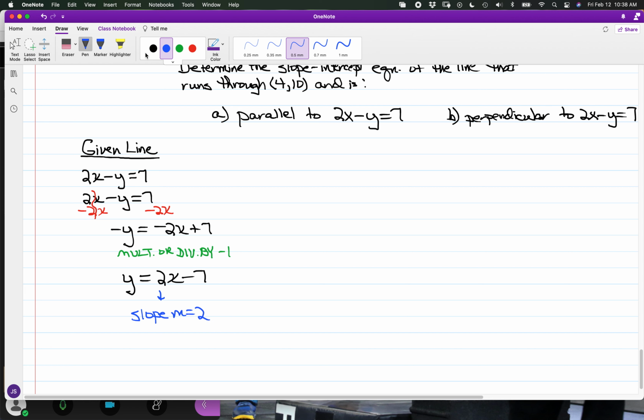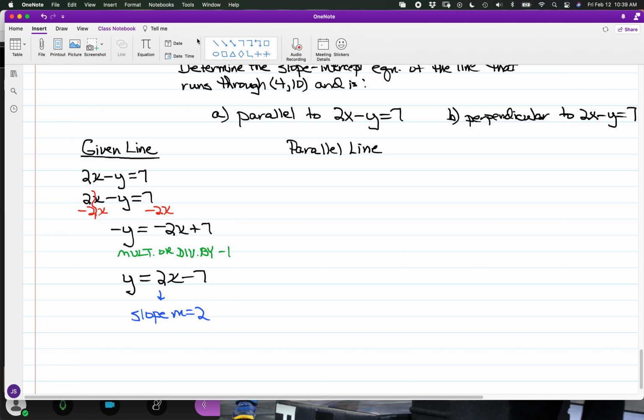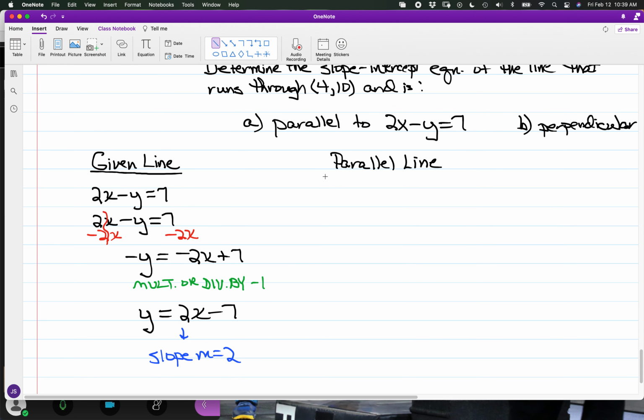And just looking at the simultaneous setups. Okay, now for the parallel line, again, parallel lines are going to have the same slope.